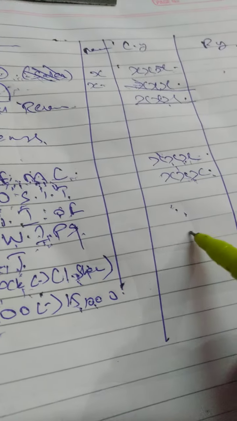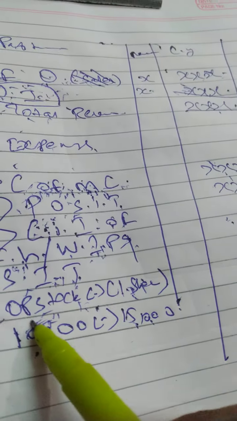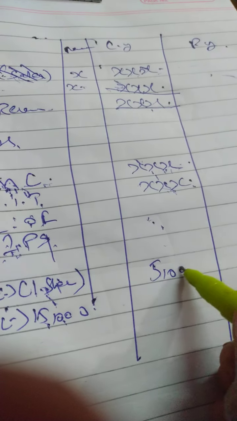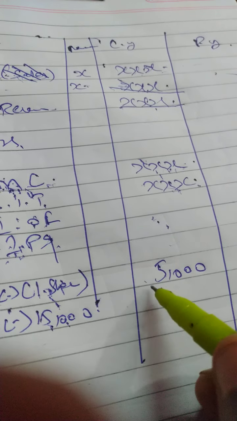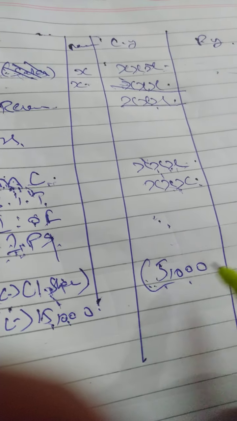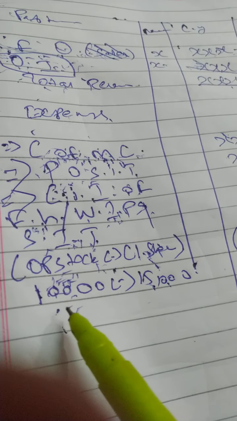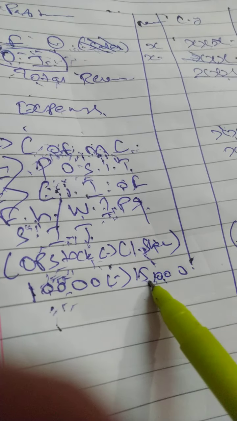Then what should I write here? I am under the expense category. How much should I write here? 5,000. Correct? How should I write the 5,000? I should put it in brackets, because my closing stock is greater than opening stock, an extra 5,000.